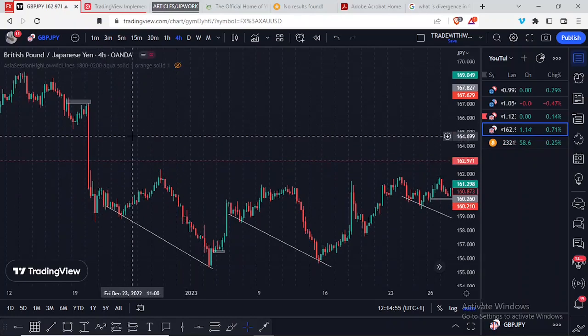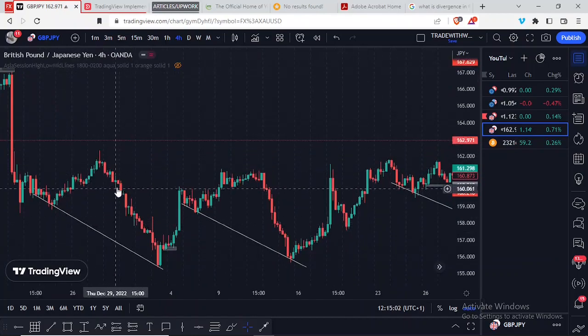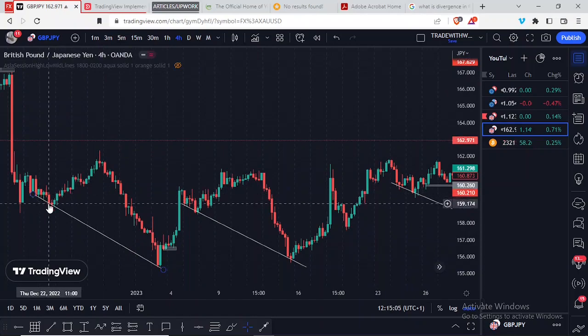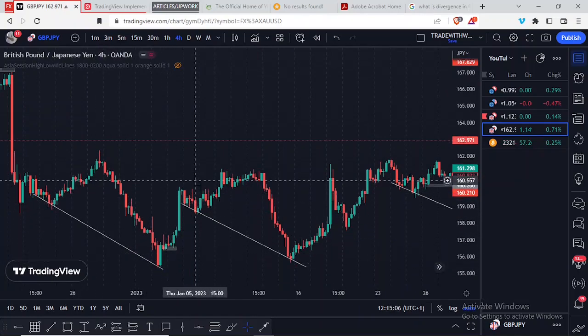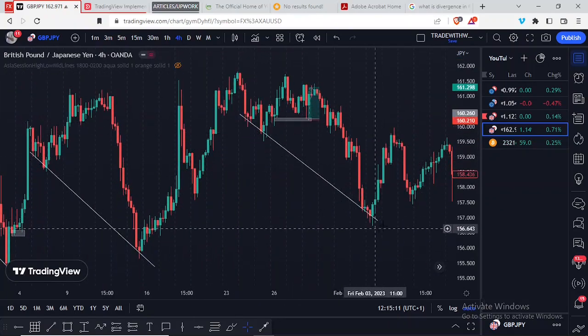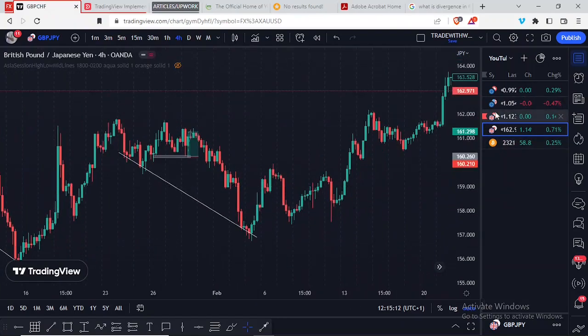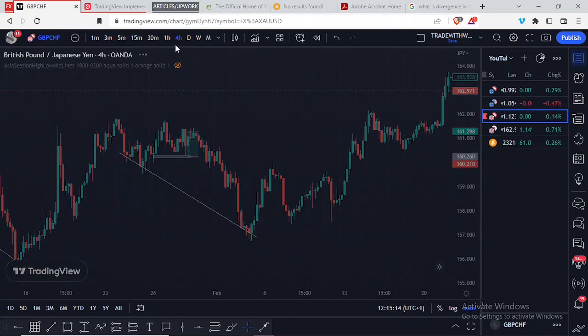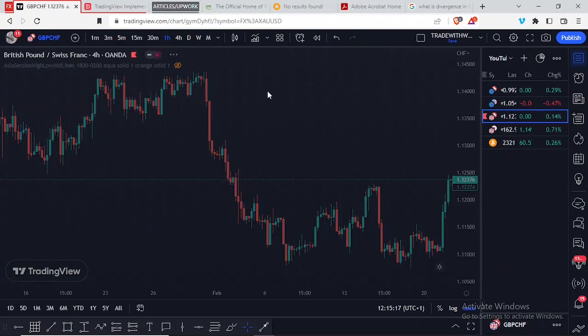That is why I stopped using it. I just focused only on trend lines, and you can see this is the low, then a third touch, then a reversal; the low, a third touch, a reversal; the low, a third touch, a reversal.